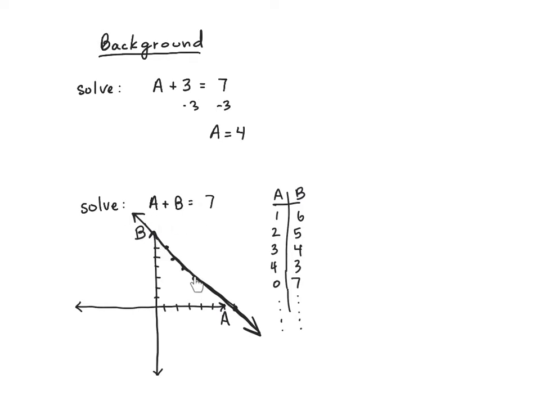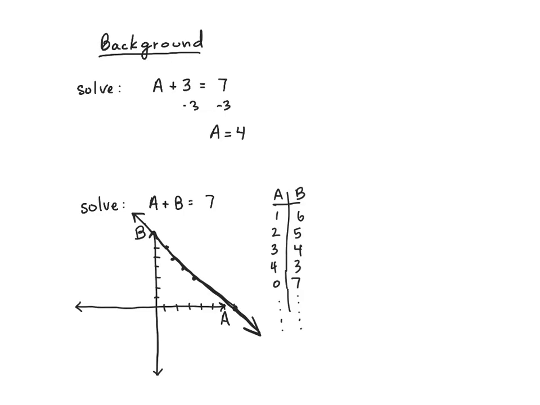So that's actually what a graph is, a visual representation of solutions to an equation in two variables. But it still doesn't change the fact that this one equation has infinitely many solutions, whereas this equation, when it only had the one variable, had one unique solution.